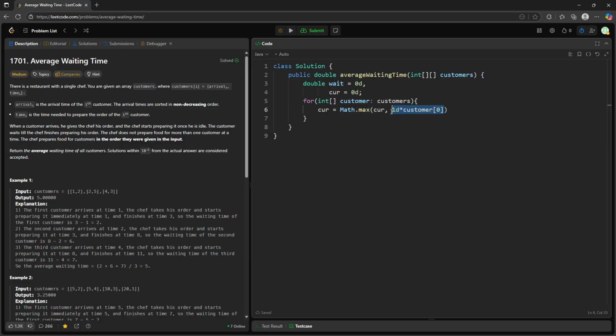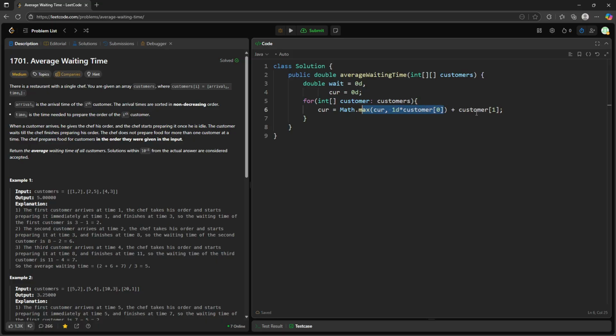This represents converting the actual value from integer to double. What I'm trying to do is find the maximum time that the customer needs to start, so start plus the customer waiting time.